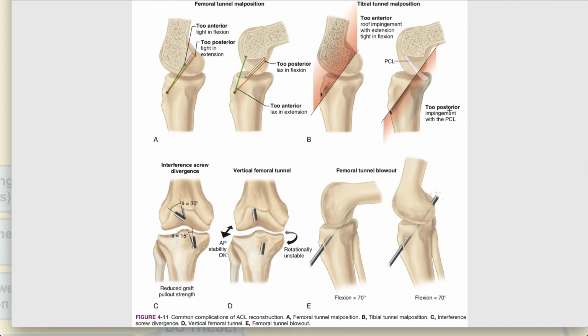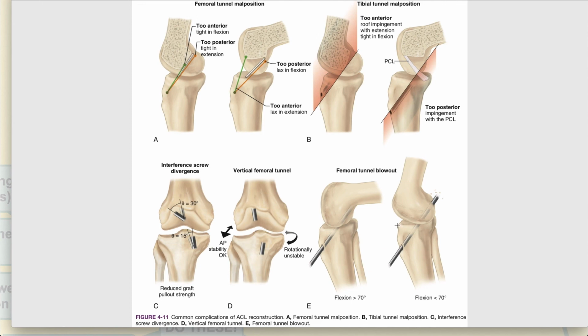Remember, posterior, then you will see the PCL. And then the next problem comes from the orientation of the tunnel itself. If the tunnel is placed too vertically, then it will be rotationally unstable. So you want to achieve a screw divergence that is divergent enough to maintain both types of stability, which is the AP stability and rotational stability.